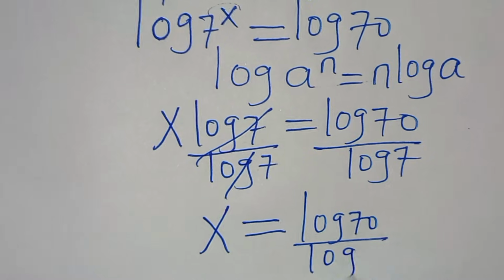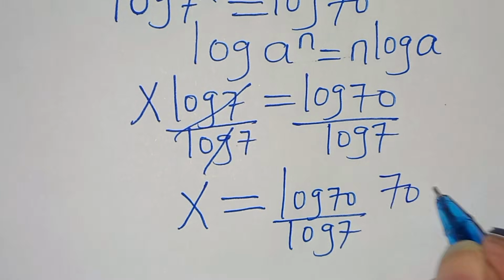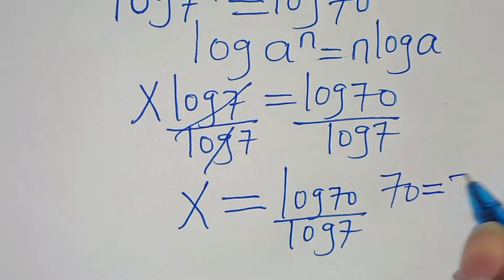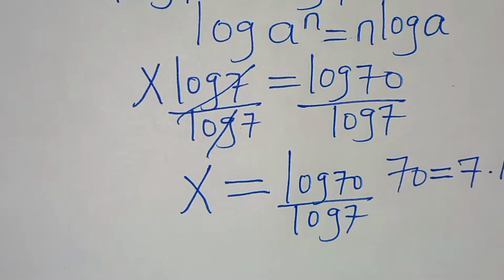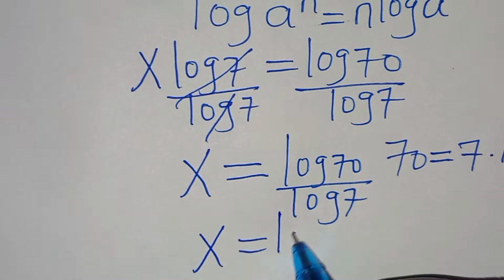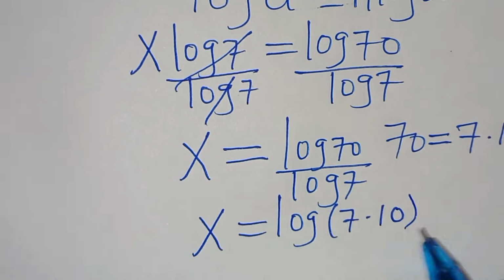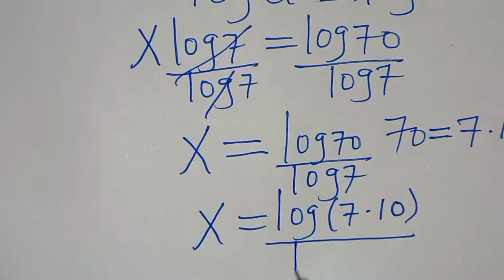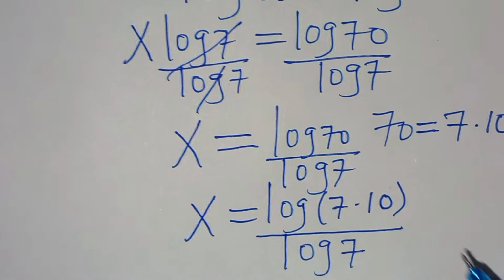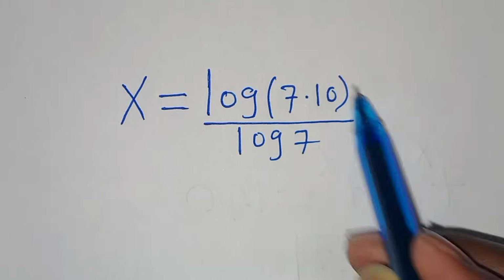The next step is that we can express 70. This is the same thing as 7 multiplied by 10. So let's substitute this so that we have x is equal to log 7 multiplied by 10, then divided by log 7. Now we have that log 7 multiplied by 10.